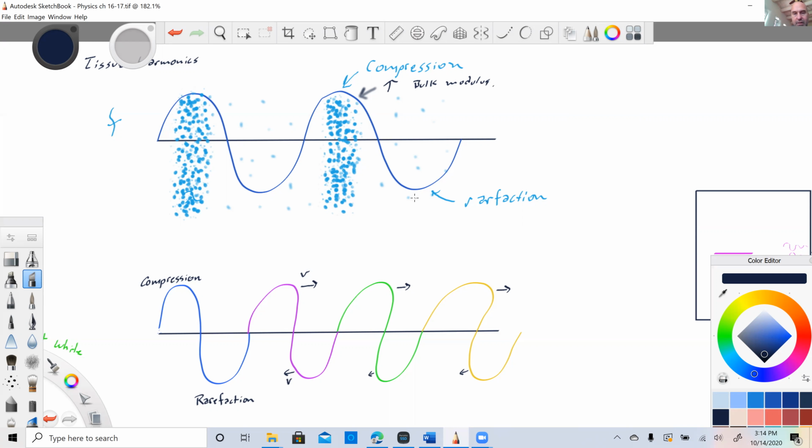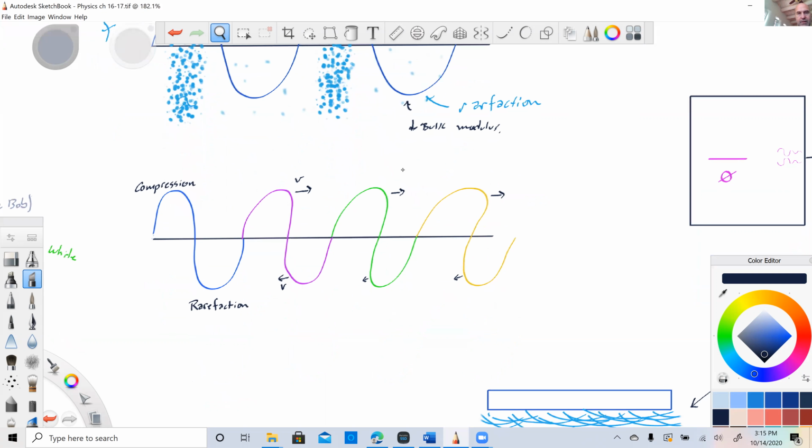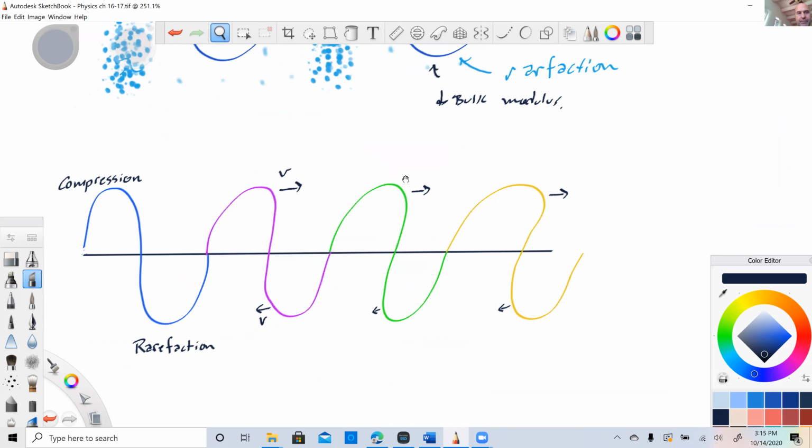And then over here, we have a decrease in bulk modulus. And so the sound wave produces its own areas of increased velocity and decreased velocity. So let's look at this.